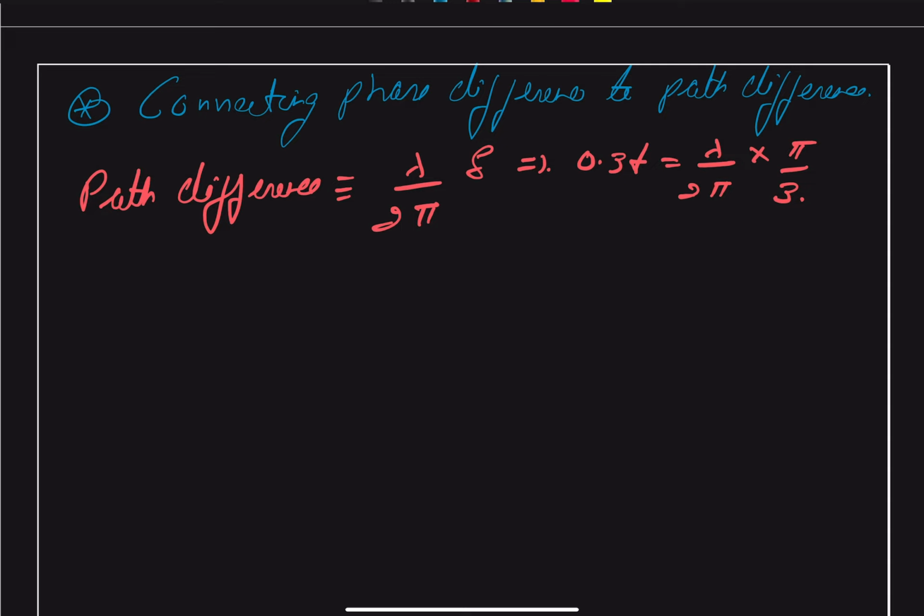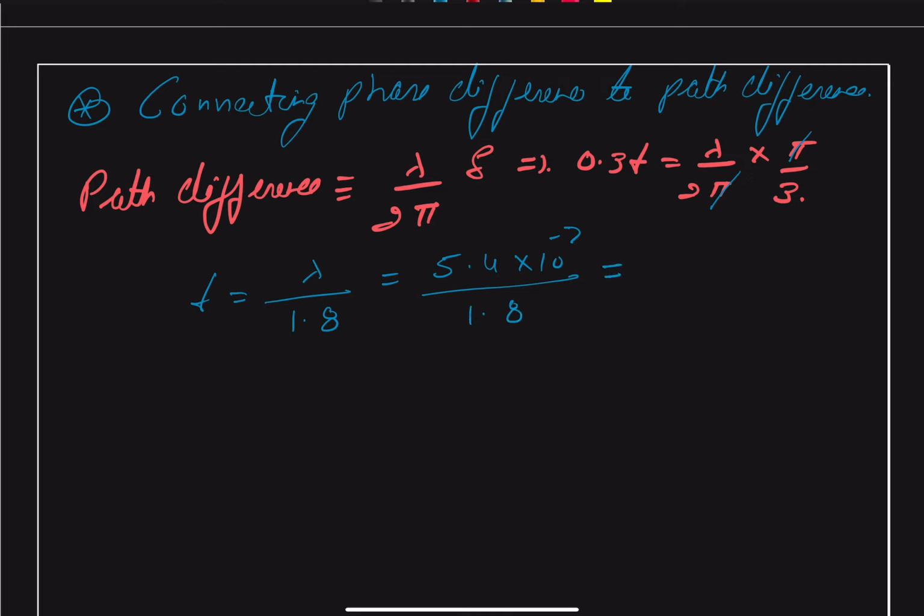We can easily see that pi and pi go away, and t will be equal to lambda upon 1.8. Lambda is given to us, so substituting, we get 5.4 times 10 to the minus 7 divided by 1.8.